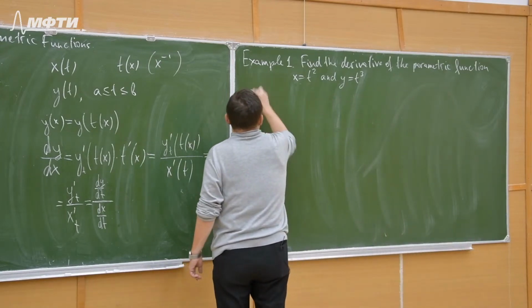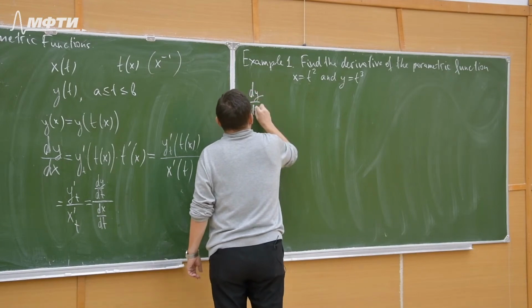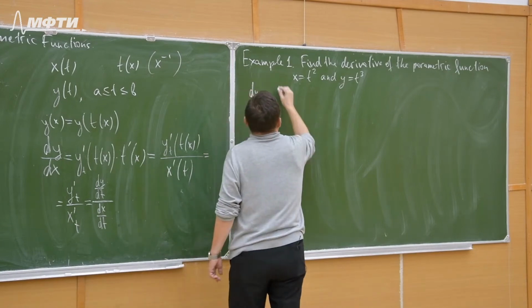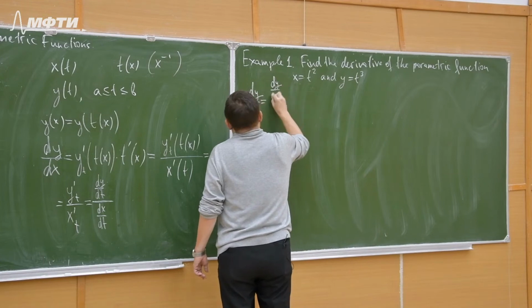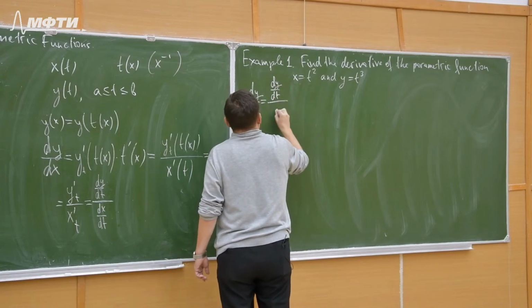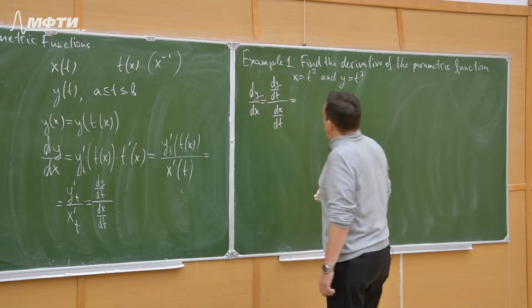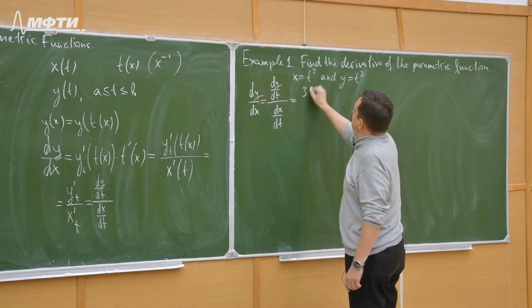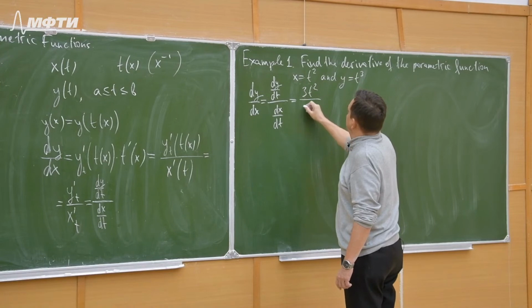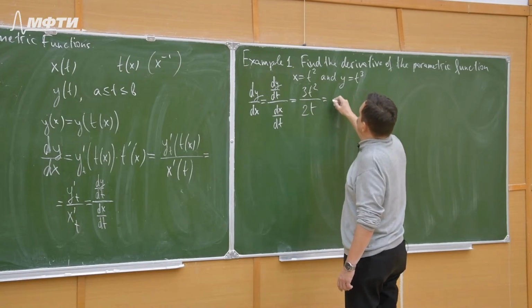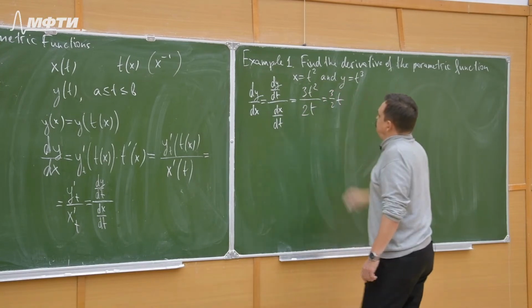So, dy over dx equals dy over dt over dx over dt. That's it. 3t squared over 2t, and it gives 3t over 2.